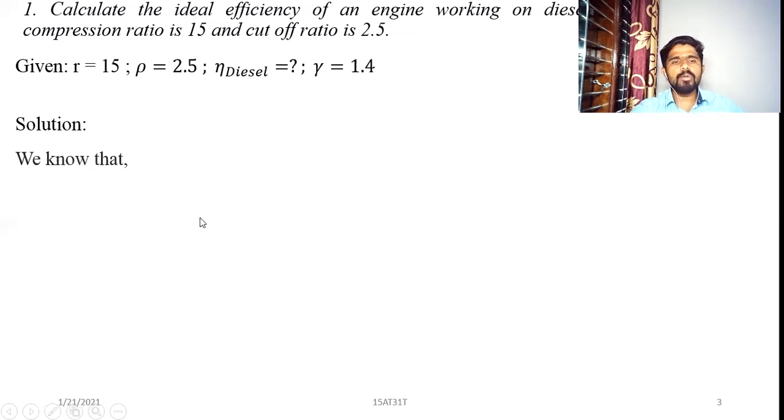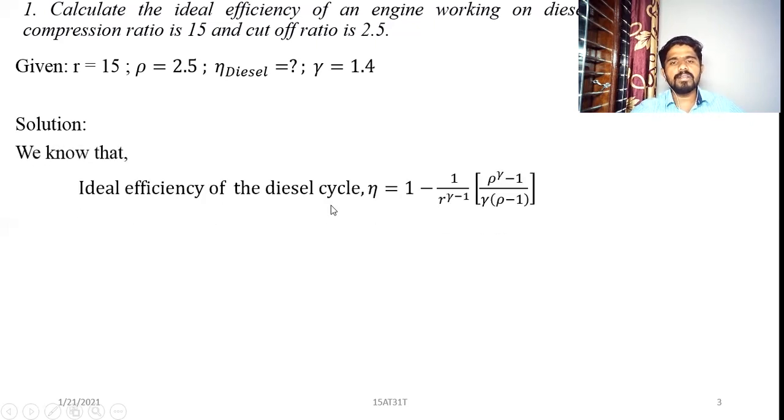Solution. We know that the ideal efficiency of the diesel cycle is equal to 1 minus 1 divided by R to the power gamma minus 1, into rho to the power gamma minus 1, divided by gamma into rho minus 1, where rho is the cutoff ratio, gamma is the adiabatic index, and R is the compression ratio.